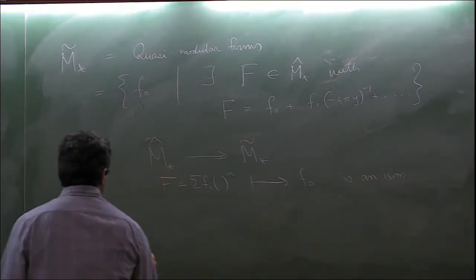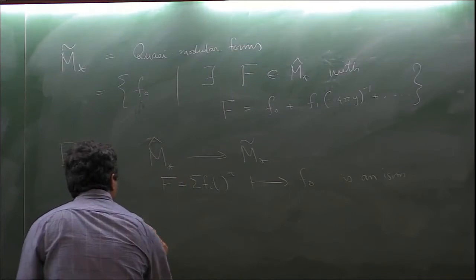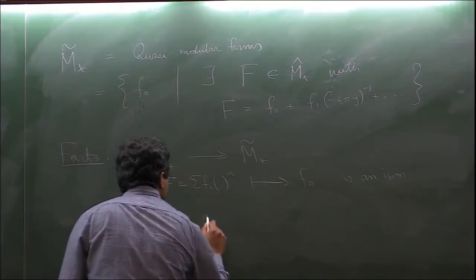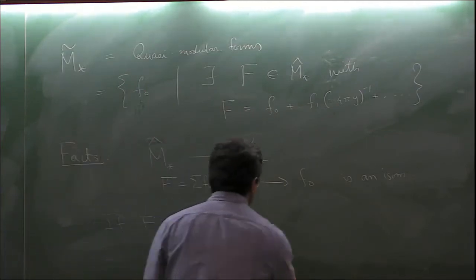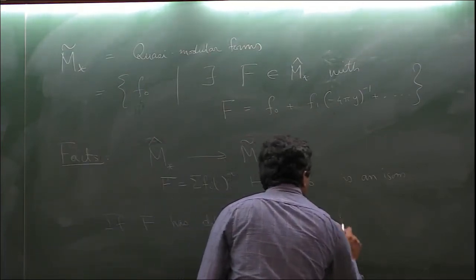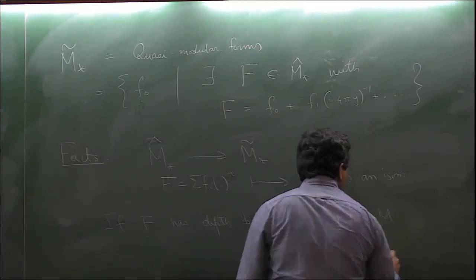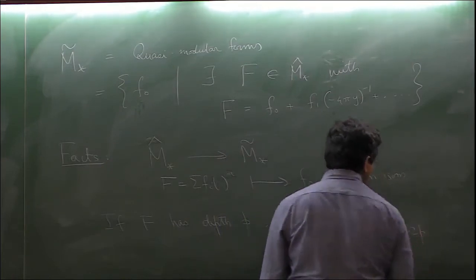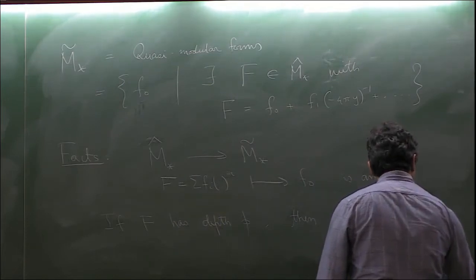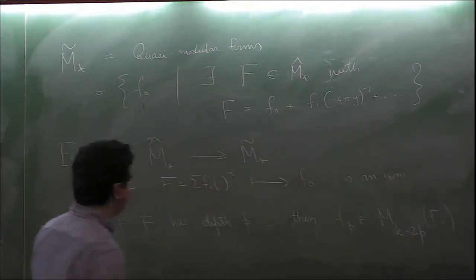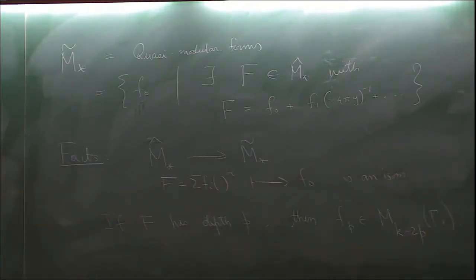And if F has depth p, which means that f_p is non-zero, then f_p is a holomorphic modular form of weight k minus 2p. This is used a little bit later.